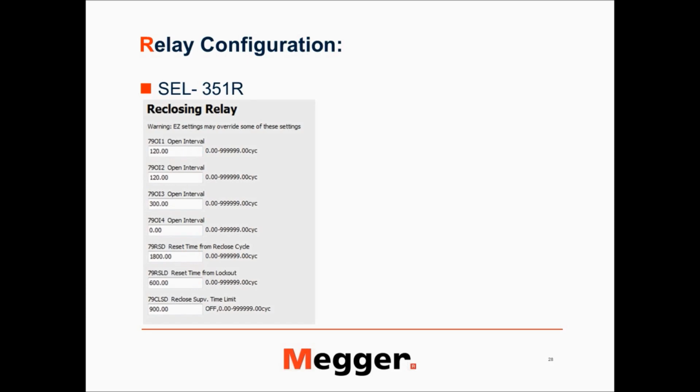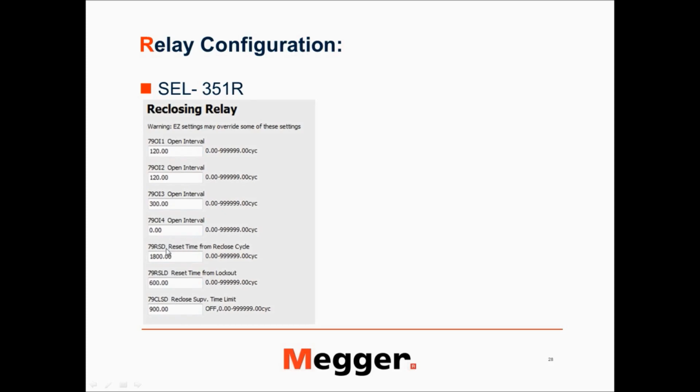My 50 function is not active anymore because the system is normal. My relay is seeing normal voltages and currents, so it is not going to trip after this. So in that normal state, I have to wait, in this case, 1800 cycles for it to reset from that reclose cycle.